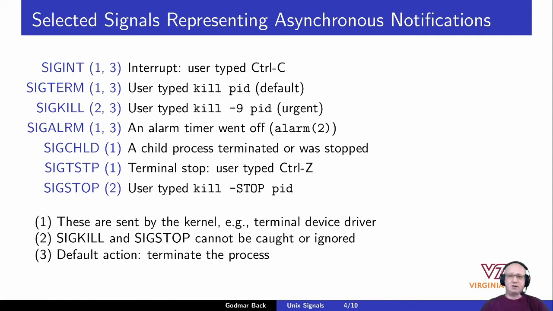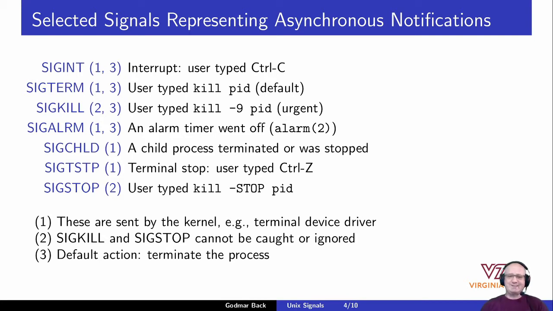There is SIGALRM. Processes can set alarm clocks or timers, and when those alarm clocks go off, SIGALRM is sent. There's a signal called SIGCHLD that informs a process of a child process terminating. That signal is important for control programs such as job control shells.